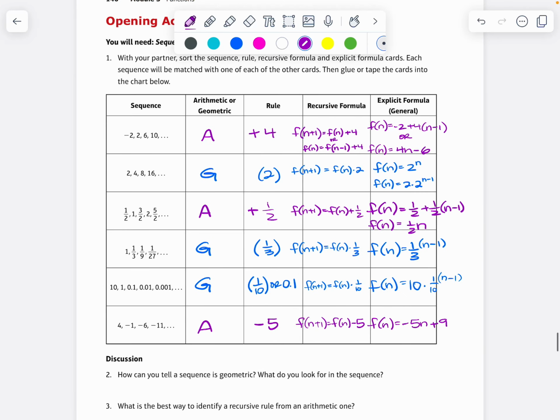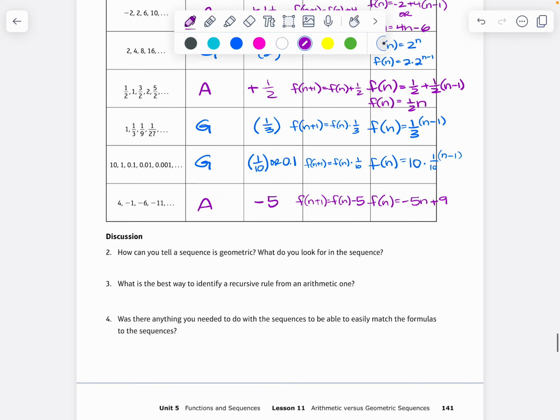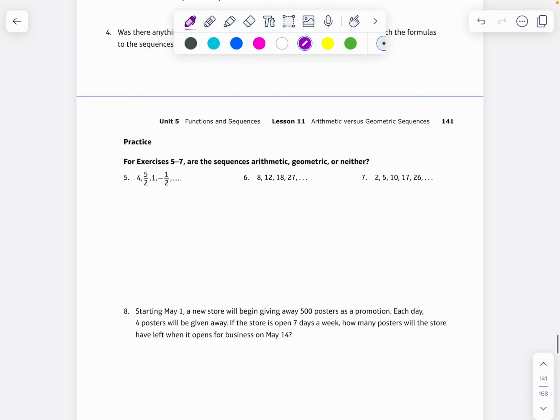There you go. So, question number 2 says, how can you tell a sequence is geometric? What do you look for? I'm looking for any kind of multiplication, not addition, right? All right, so take a look at the top of the next page.